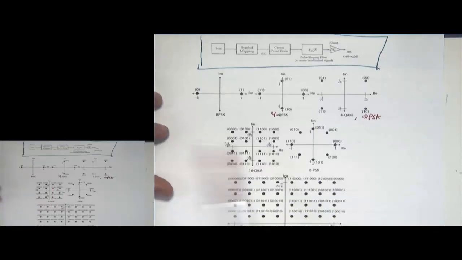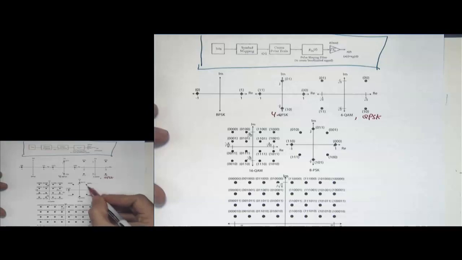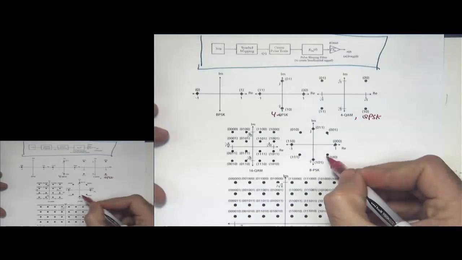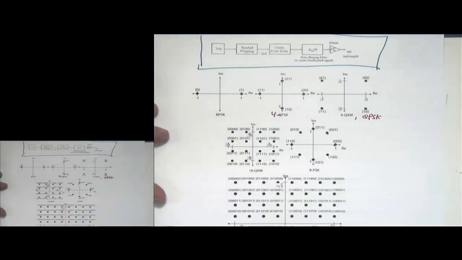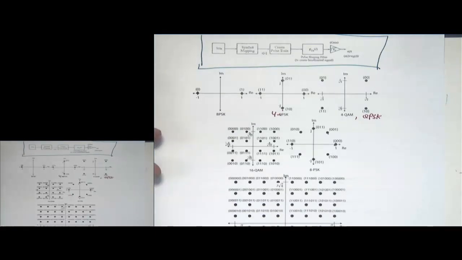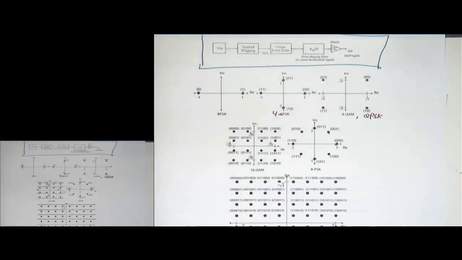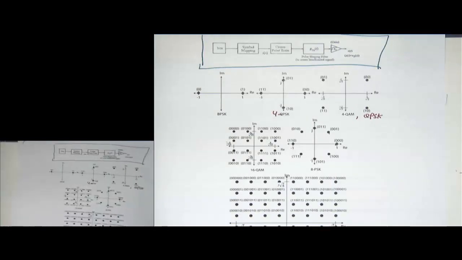And so we're going to see when we do performance analysis that there's a quantity called the minimum distance, which is the minimum distance between any two constellation points, looking at all the points. And having that minimum distance be large is a good thing. And so generally constellations will try to be as spread out as possible. And there's a reason they're not spread too far, and that's the energy normalization, and that we'll talk about today. So there's features here that we're going to get to later in class, either today or in subsequent lectures.